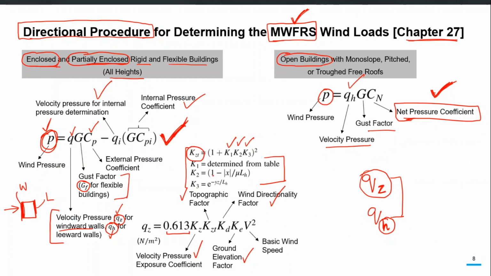If your topography is not exactly fulfilling the requirements prescribed, then you will take this coefficient equal to 1. So we will see in a minute what those requirements are to use this topographic factor.